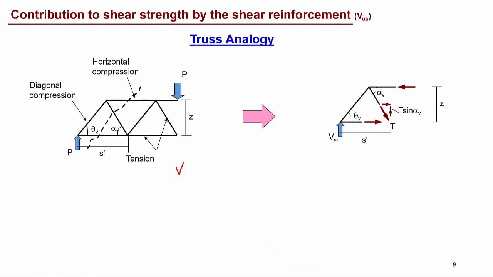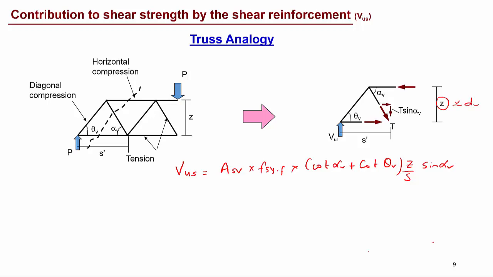Writing the equation again, VUS is the area of cross section of one stirrup, the yield strength of the stirrup, and sine alpha V. Now here, this Z, which we don't know exactly, can be simplified as dV, which is already given in the code.